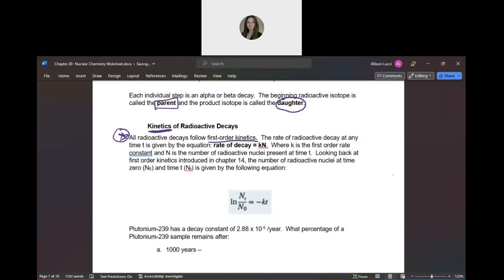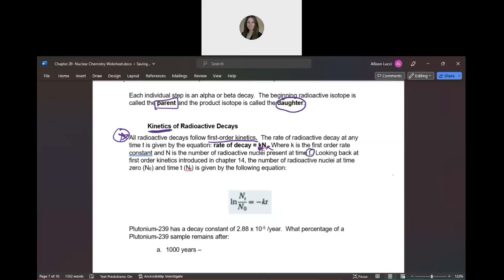So there's going to be an equation below here that relates that, and the rate of decay is really just some constant value k, the first order rate constant, same as we looked at previously in chapter 14, same k. And then we have N listed here. Instead of a concentration like we saw before, we're going to discuss the number of radioactive nuclei present at our start time.